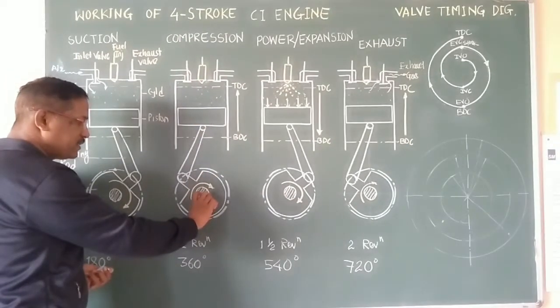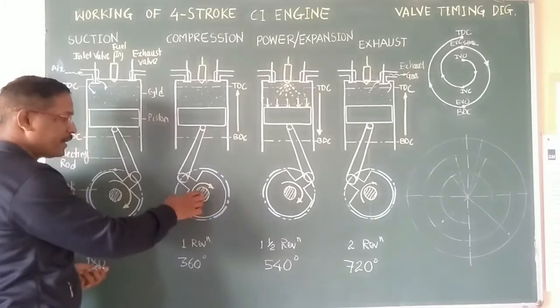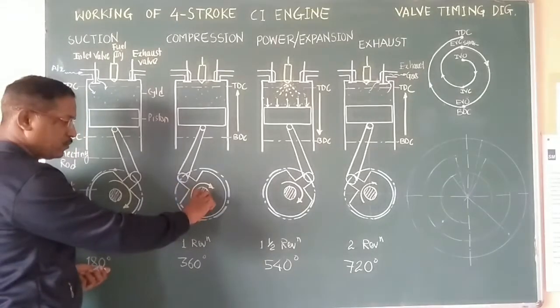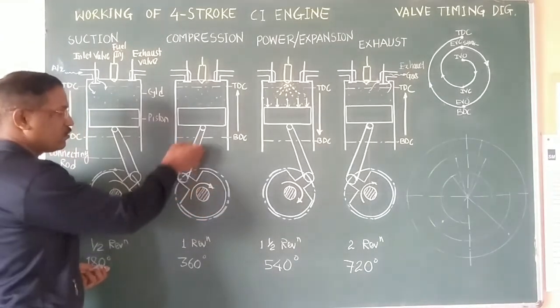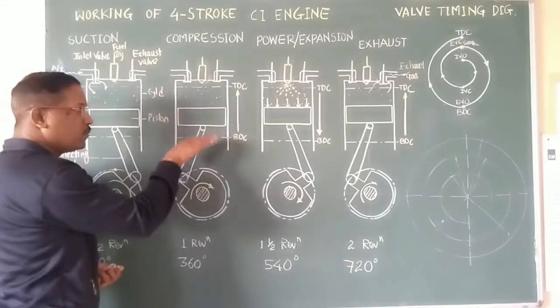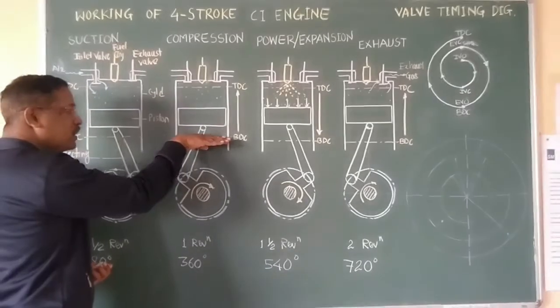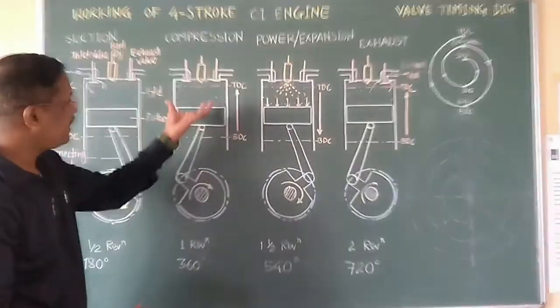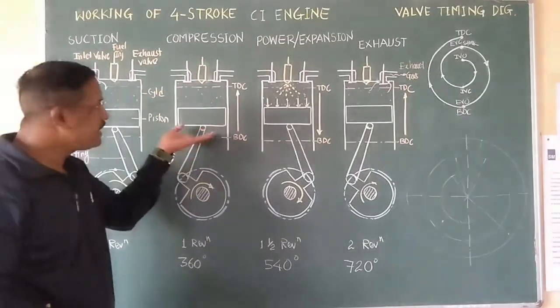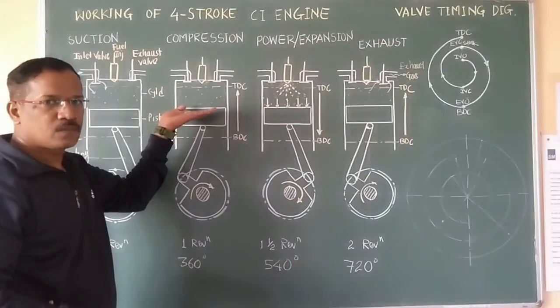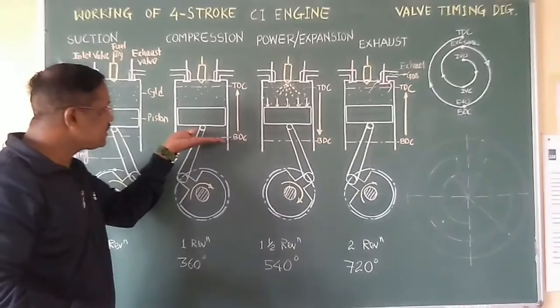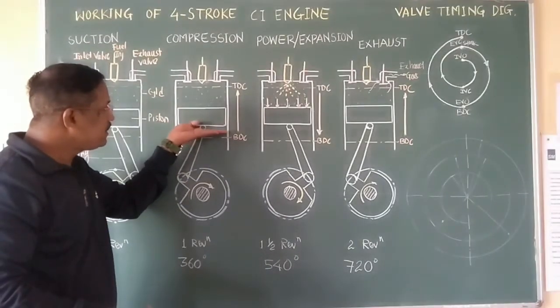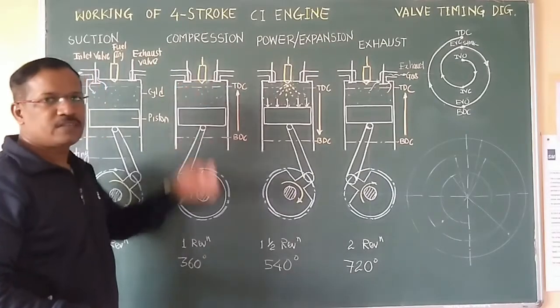As the crank rotates in a clockwise direction, the connecting rod pushes the piston upward. As the piston moves upward from BDC to TDC, whatever air is entrapped gets compressed, and this compression continues till the piston reaches TDC.